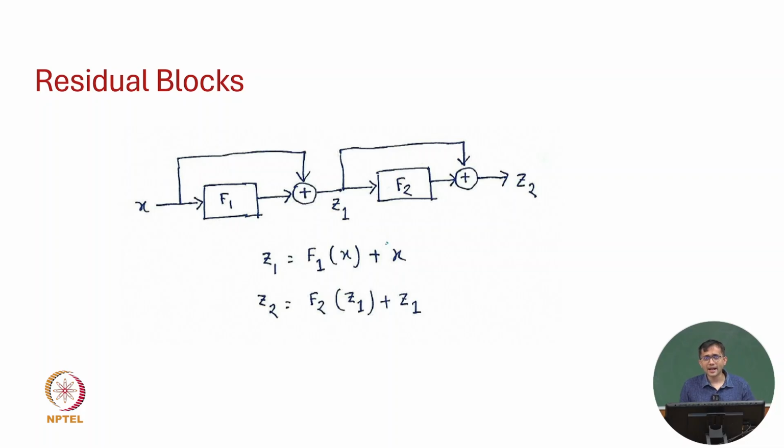If we added another residual block, Z2 would be the input to that. Let's say the block itself is called F3. We have not written it here, but try to think how the equation would look. The Z3 will be F3(Z2) plus Z2, right? And so on.